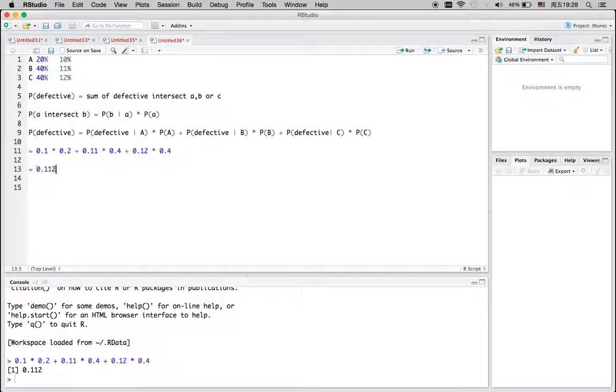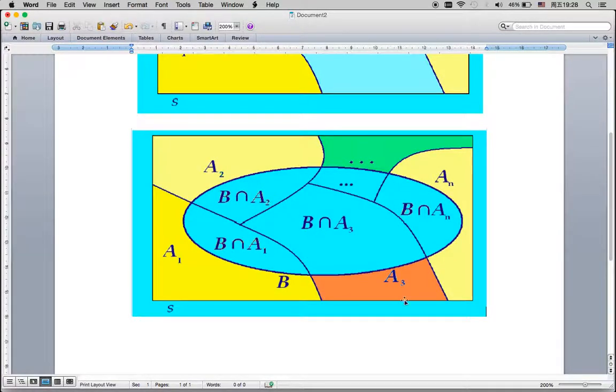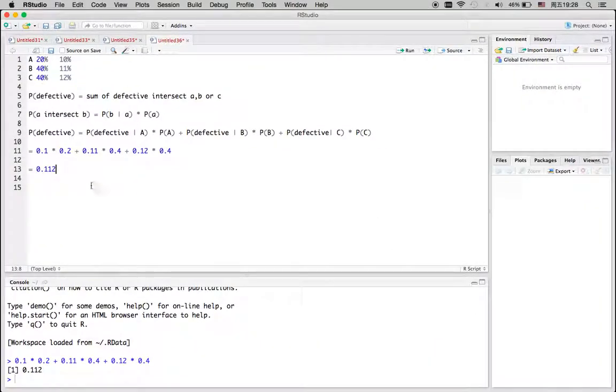So this number here will be the probability of defective in this company. Given that the company is producing products A, B, and C, the entire probability of defective products, which is represented as B in this Venn diagram, will be 11.2%.